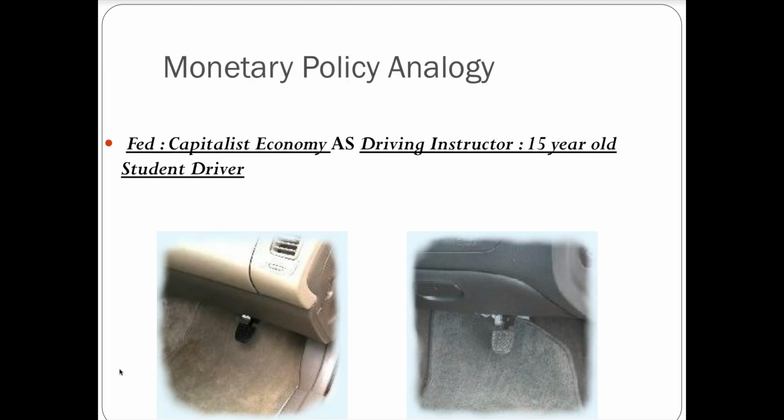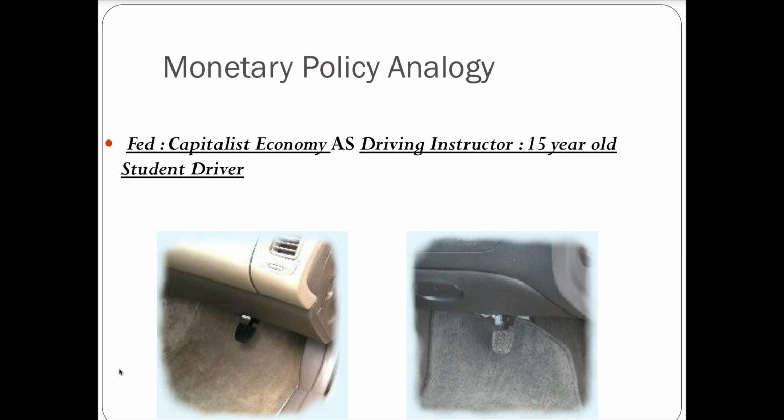So there's an interesting little analogy here. The Fed is to a capitalist economy as a driving instructor is to a 15-year-old student driver. You might remember back when you were learning how to drive, the driving instructor can hit the brakes and can let off the brakes when he's driving with a student.